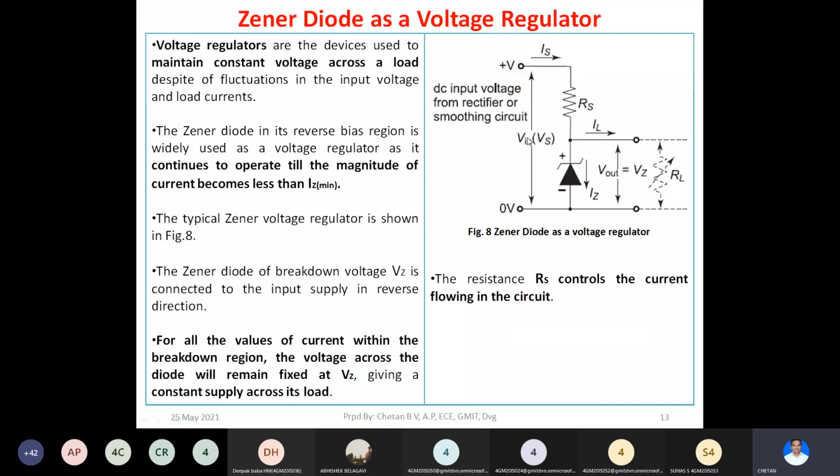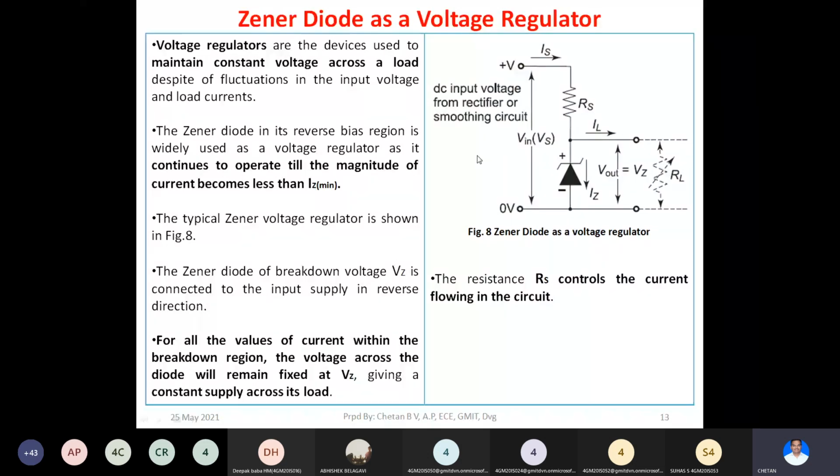Vin can be increased by 1 volt or Vin can be decreased by 1 volt. That is called variation in input voltage. So either there can be variation in input voltage or variation in load. This Zener diode voltage regulator maintains a constant output voltage V out, which is equal to Vz. That is how this operates as a voltage regulator.